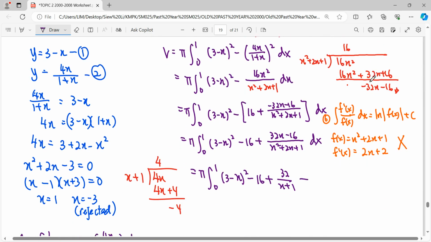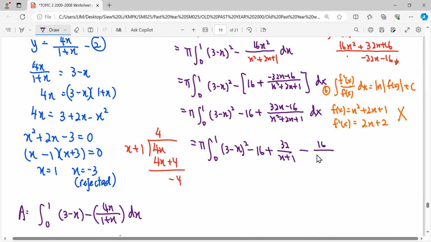When we have a fraction whose denominator is linear, it is ready to integrate. But when the denominator is linear and to the power of 2, we have to rewrite it into power form, not the fraction form.